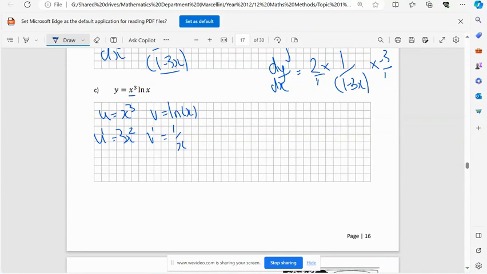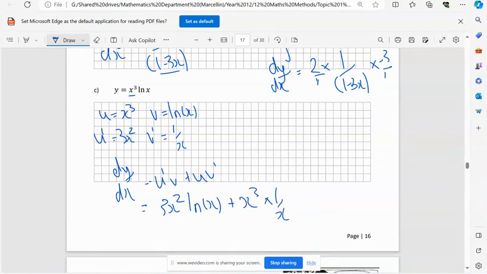So in the case of this, dy by dx will be u dash v plus u v dash. So u dash is 3x squared times ln x. Put a plus between them, and then we've got x cubed times 1 on x. There could be some tidying up of that later. We'll just leave that for now. We're just going through some of the rules.